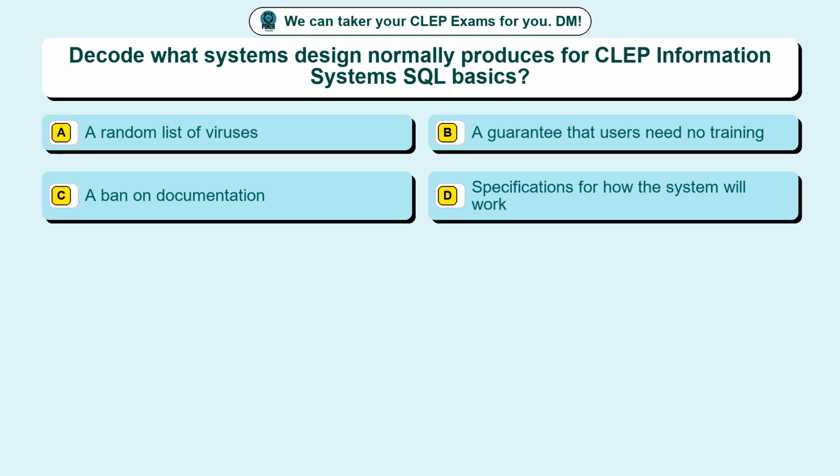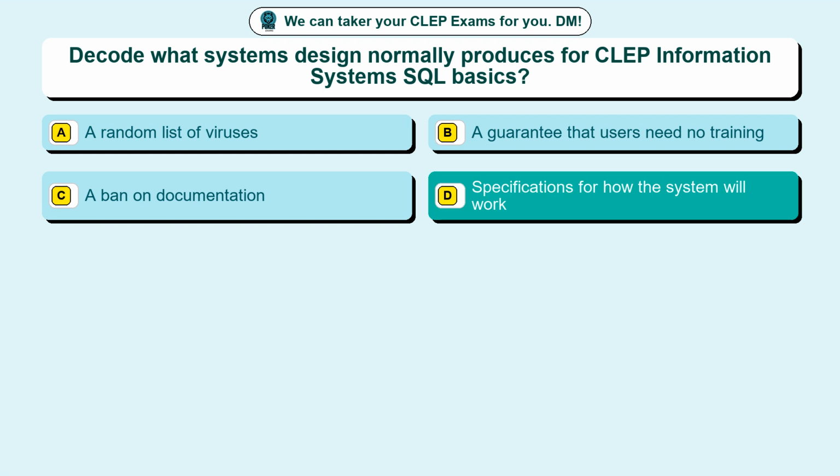Question 67. Decode what systems design normally produces for CLEP Information Systems SQL Basics. Option A. A random list of viruses. Option B. A guarantee that users need no training. Option C. A ban on documentation. Option D. Specifications for how the system will work. The correct answer is option D. Specifications for how the system will work.